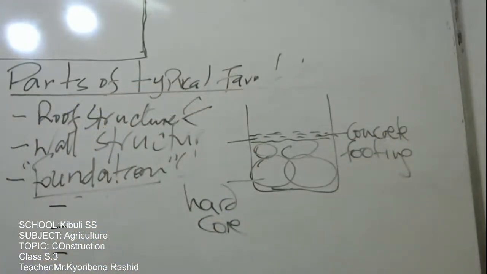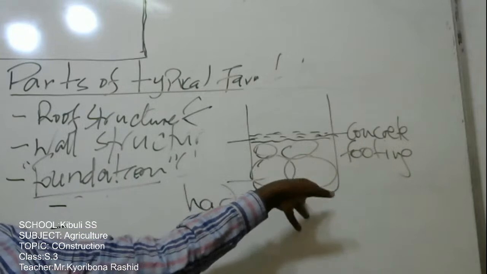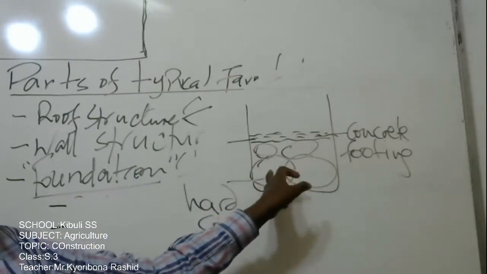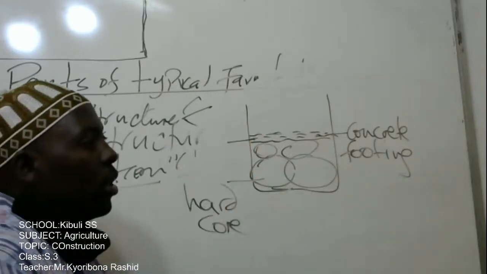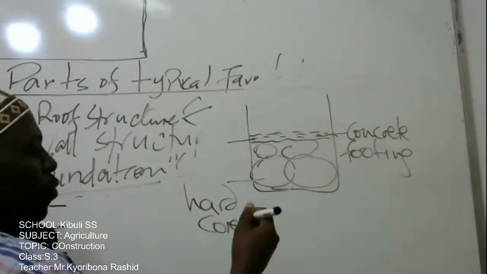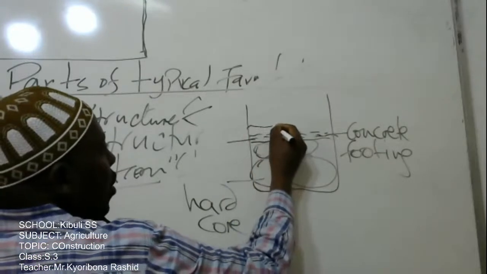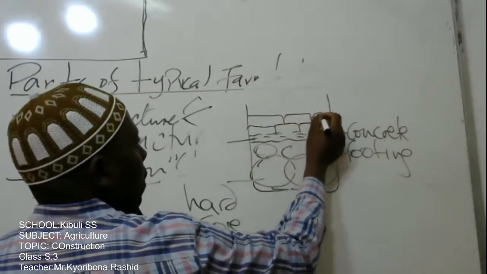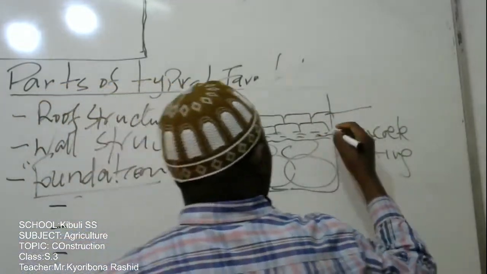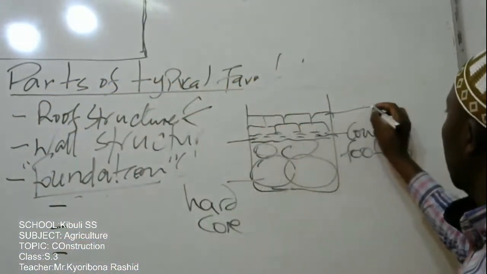To stabilize this hardcore, we lay a layer of concrete to make it firm, and then we could erect a plinth wall, using bricks.